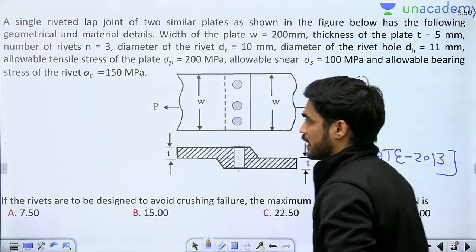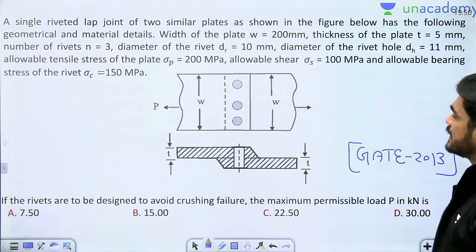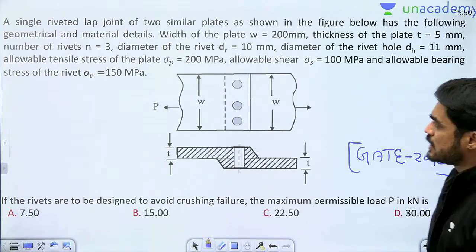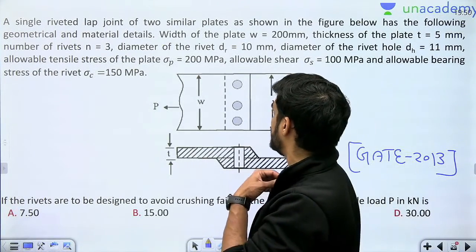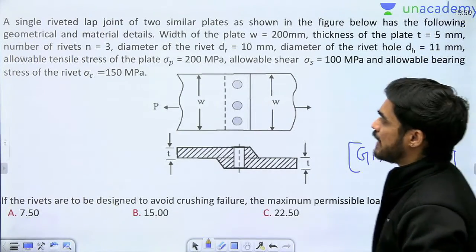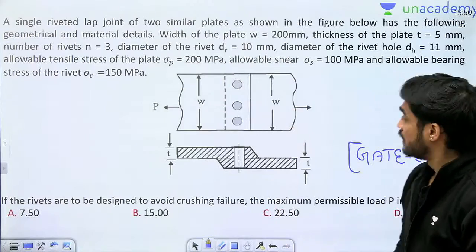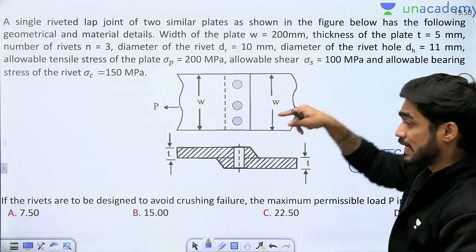Okay, I forgot to mention. A single riveted lap joint of two similar plates, as shown in figure below, has following geometrical and material details. Width of the plate is 200 mm, thickness of the plate is 5 mm, number of rivets is 3, diameter of rivet is 10 mm, and diameter of hole is 11 mm.